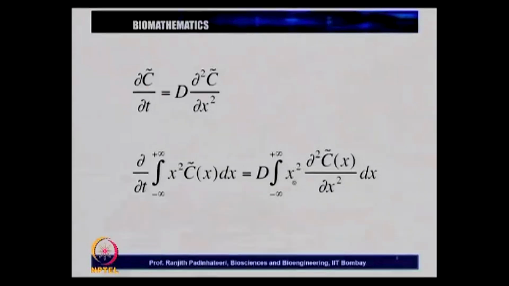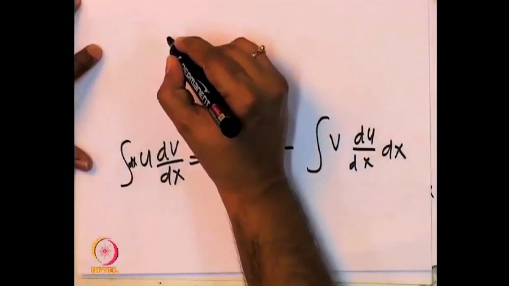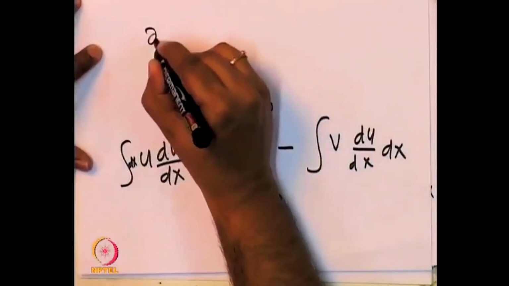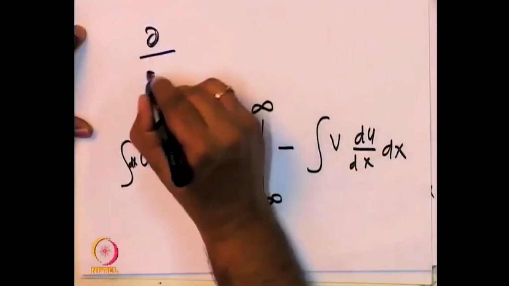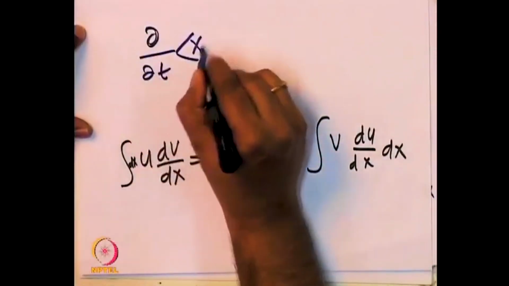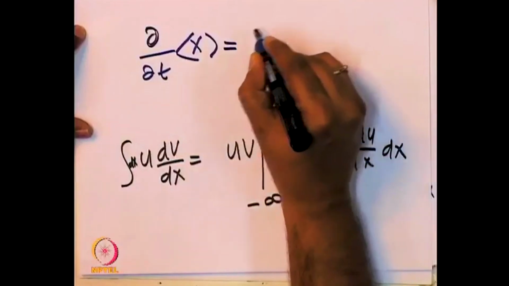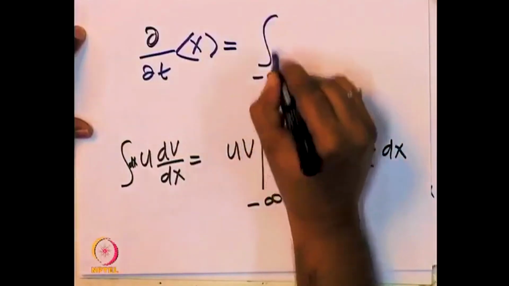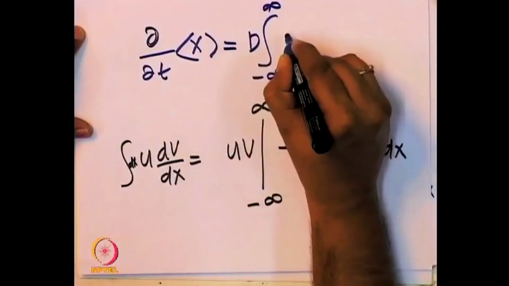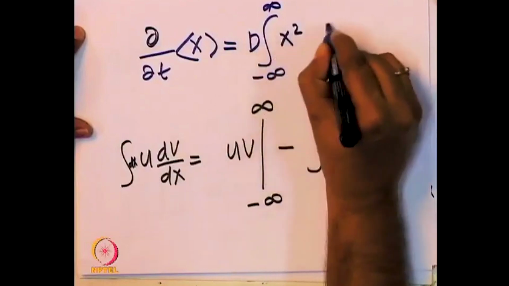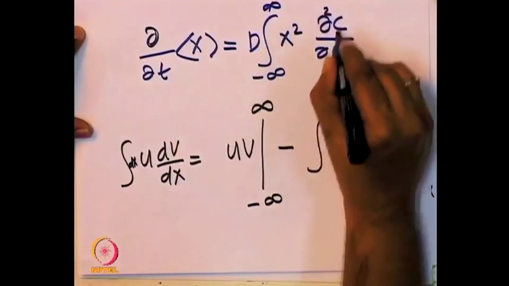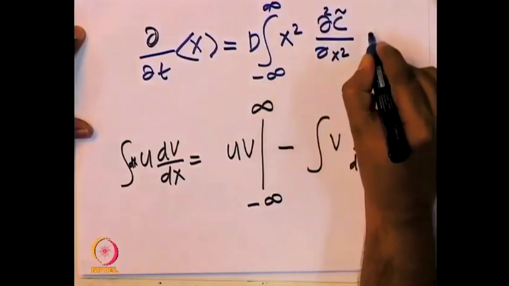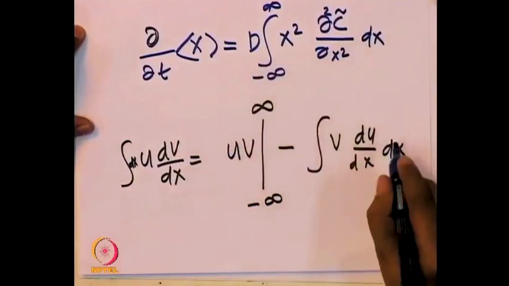We had an equation which is del by del t of x average is equal to integral minus infinity to infinity D times x square del square c tilde by del x square dx. This is what we had.